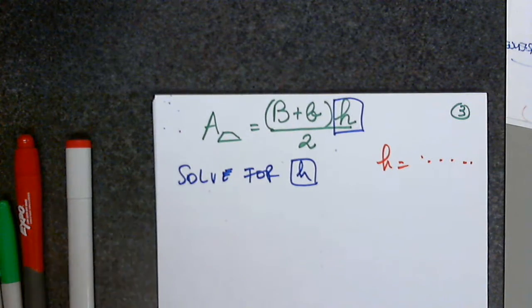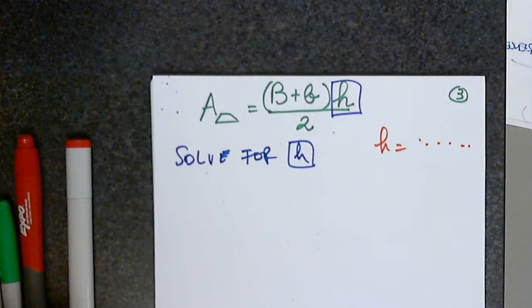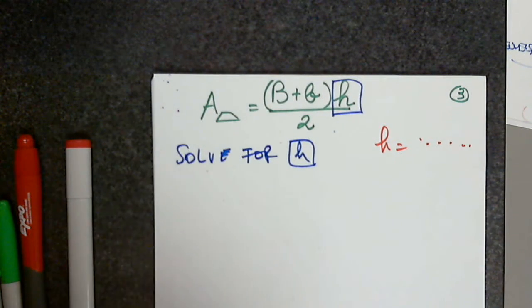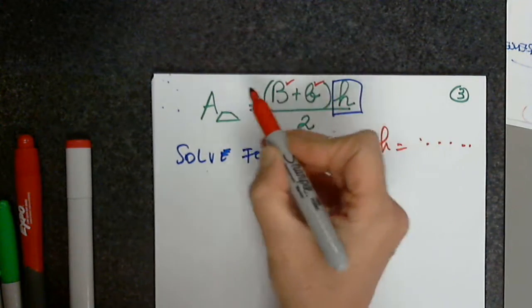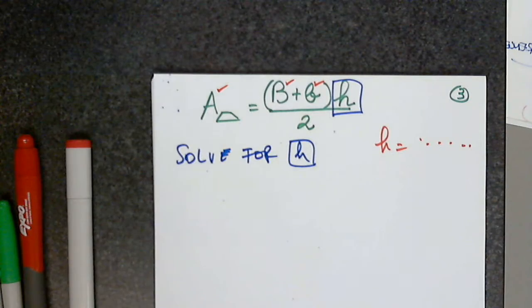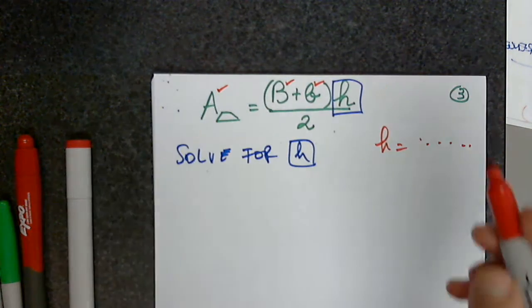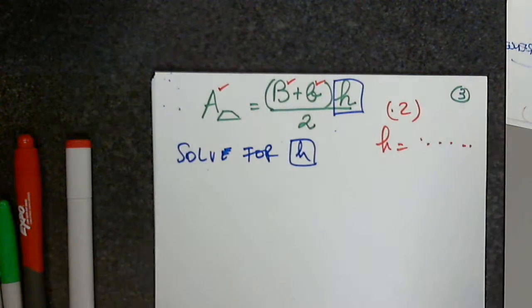Put some numbers in for B? I will not. I can't. I'm asked to solve as is. Exactly. I have to assume that these are given to us, but they cannot be replaced by numbers. They have to stay as is. So indeed, we have to multiply both sides by 2. Excellent.